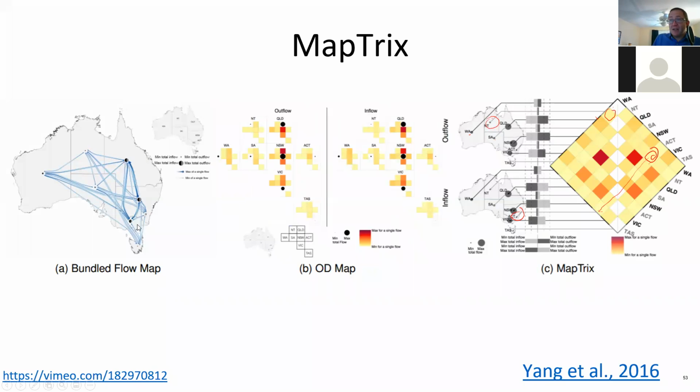So here's a node-link diagram for various places in Australia. It's a bundled flow, so the total flow, I think, of data between the various parts. But if you turn your adjacency matrix on its side and show Australia twice, you show how this connects. So let me see here.